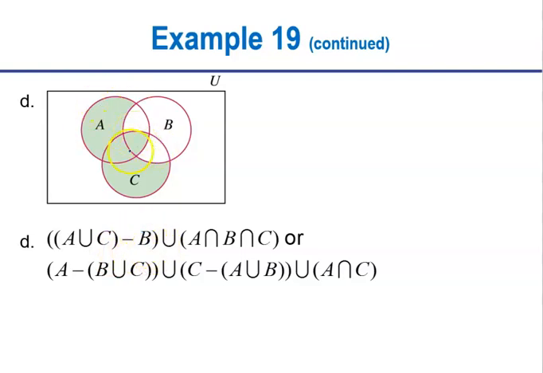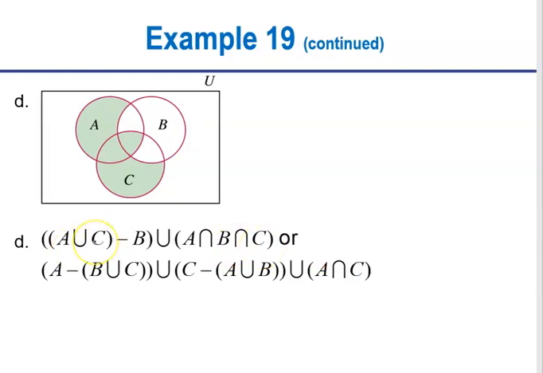So A union C, and they get rid of all of B. Unioned A intersection B intersection C. That's kind of like what I did. But that doesn't get rid of... Oh, it does get rid... Look, that gets rid of all of that. That was easier than what I did for sure.